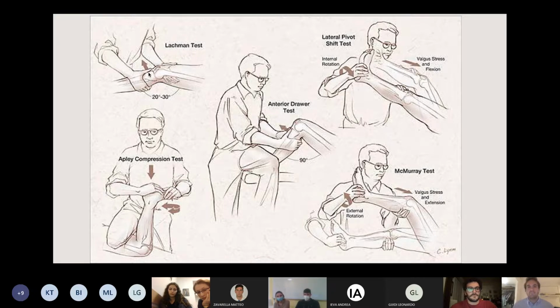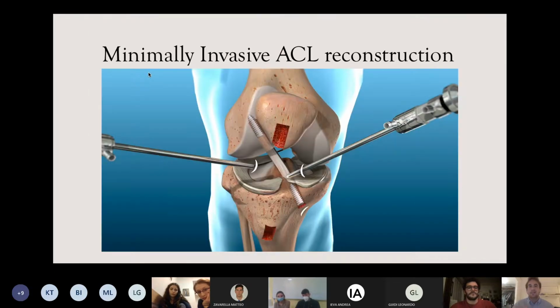Nowadays, the number of anterior cruciate ligament reconstructions is pretty high compared to 30 years ago. And it is reconstructed in a minimally invasive way, using arthroscopy.